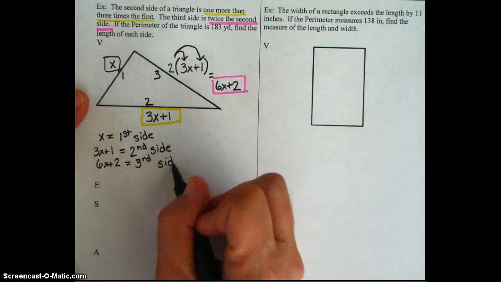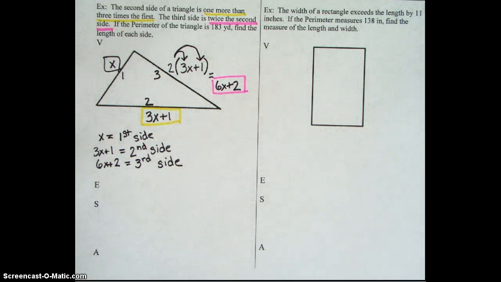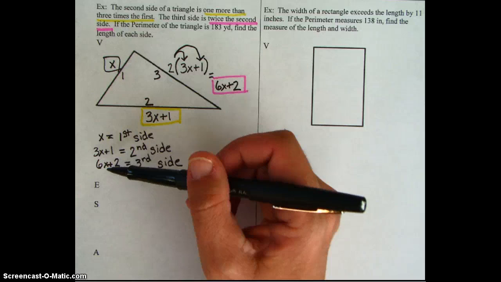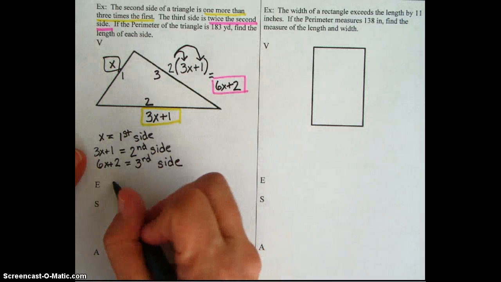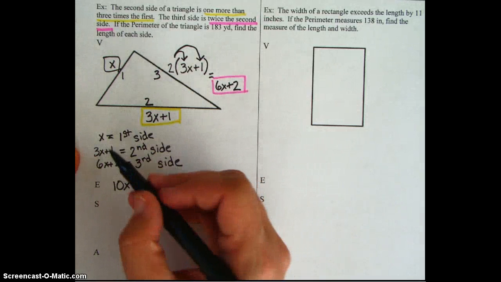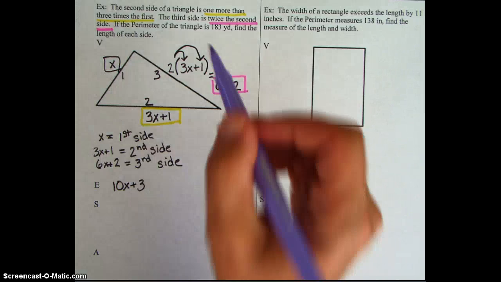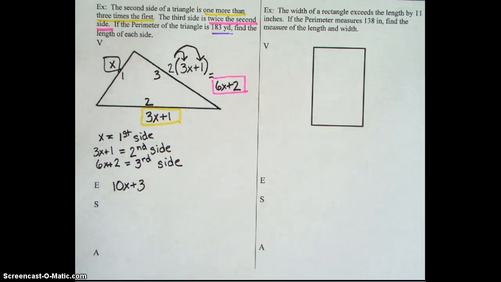To find the perimeter of a triangle, we're just going to add up all the sides. x plus 3x gives us 4x, plus 6x gives us 10x. 1 plus 2 gives us 3, and if we look back at the problem, it tells us that the perimeter is 183 yards.